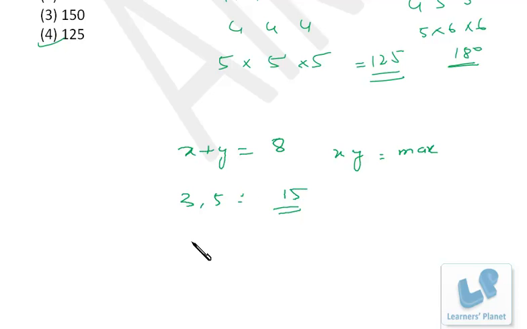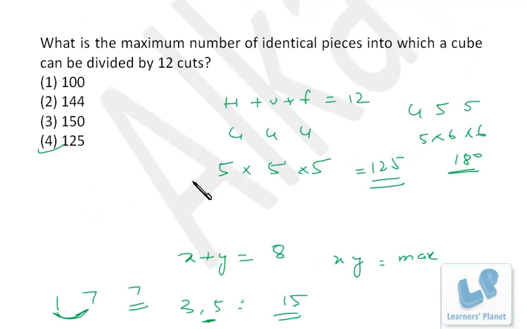If I give them the breakup as 4 and 4, then the product will be 16, right? Minimal difference, maximum product. More difference, less product. If you give 1 and 7, then the product will be 7 only, right? Because the more the difference, the less the product. The same funda I'm using over here. So you should be conceptually and logically clear with this pattern of problems.